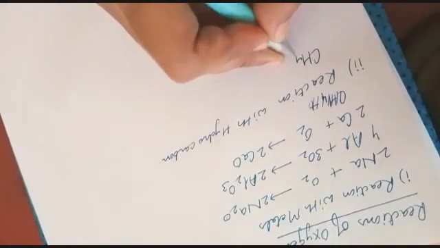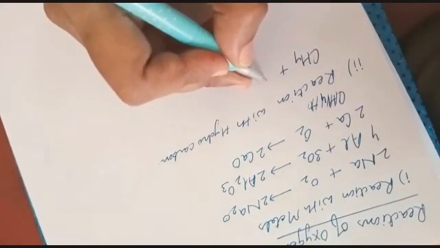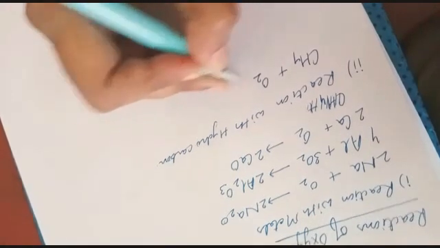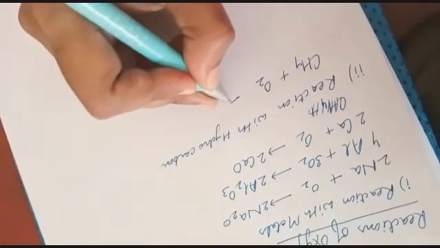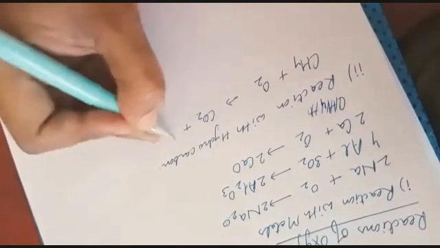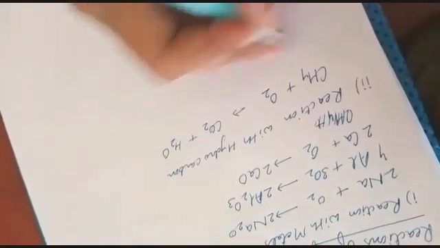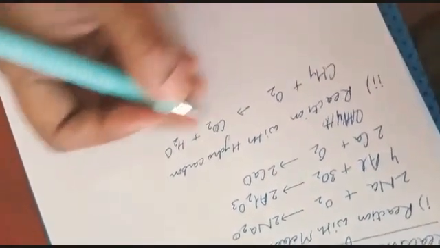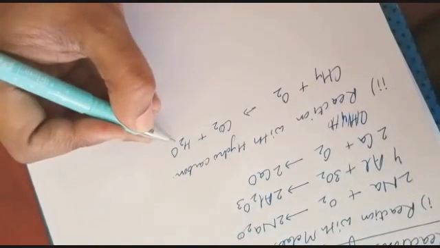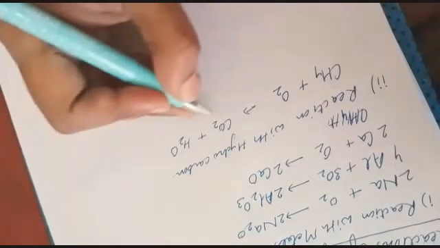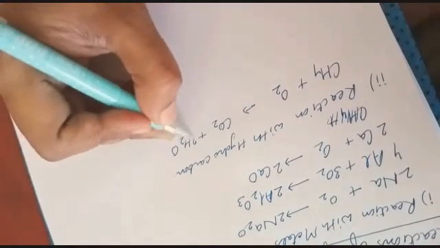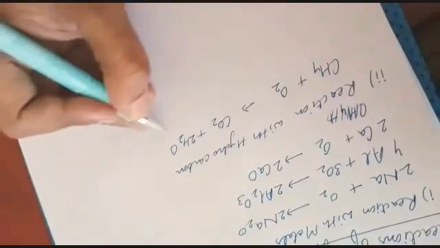When CH4 reacts with oxygen it gives CO2. Always remember, when a hydrocarbon reacts with oxygen it always gives CO2 and H2O. We will just balance the reaction, and this is our balanced reaction.